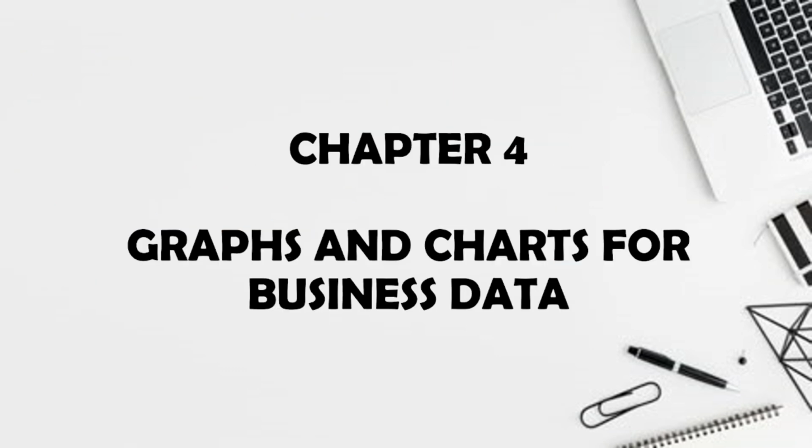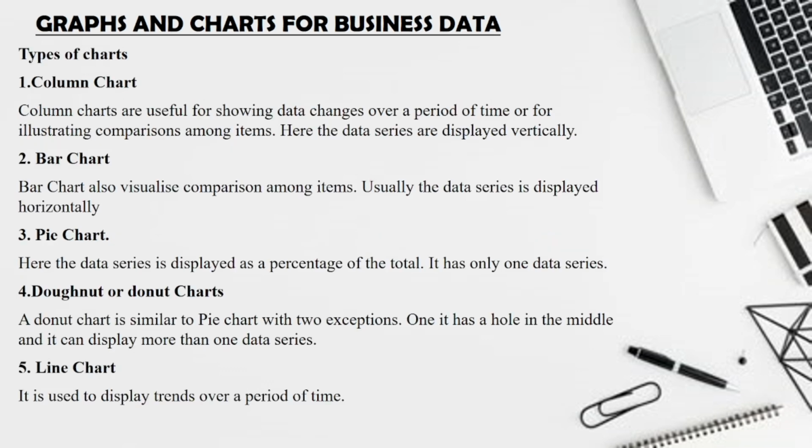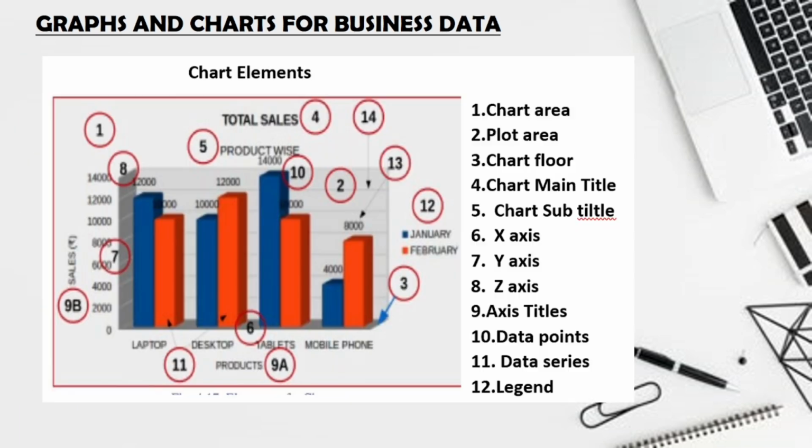You know very well regarding the spreadsheets and computerized accounting. Very quickly we can create a lot of different forms of charts and graphs to show the depth in simple format of diagrams. So a graph is a diagram showing the relation between variables. A chart is a graphical representation of data in a worksheet. Different types of charts are there: column chart, bar chart, pie chart, doughnut or donut chart, line charts.